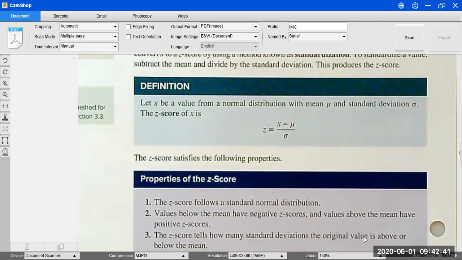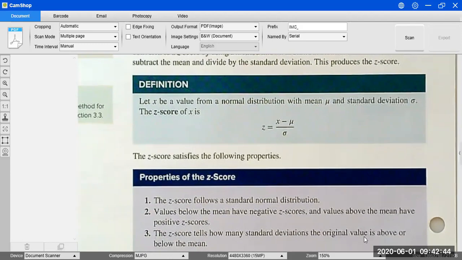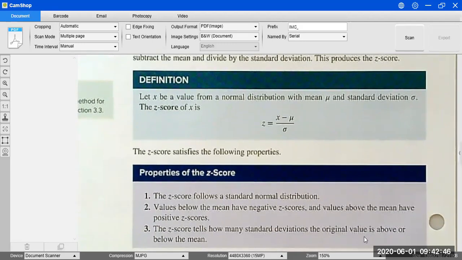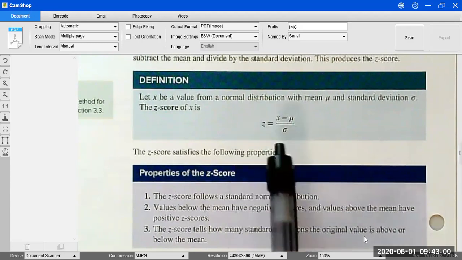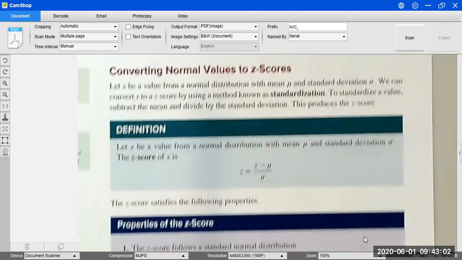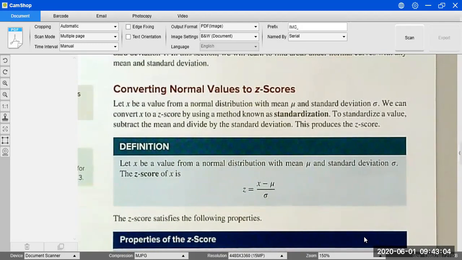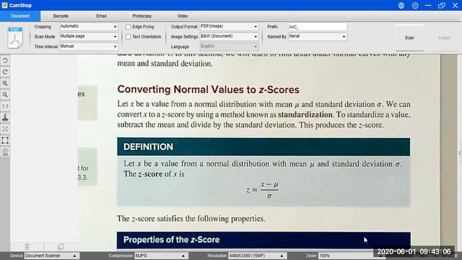Also, the z-score is just a measure of position, something that we learned in previous chapters, and it's just indicating how many standard deviations the original value is above or below the mean. So to the right or to the left of the mean. So you only need to know this formula if you're going to use the standard normal distribution, because you can use directly the normal distribution to solve the same problems that we're going to solve now.